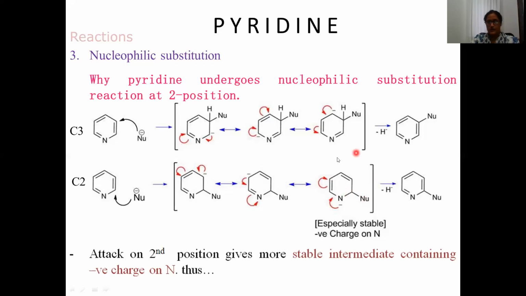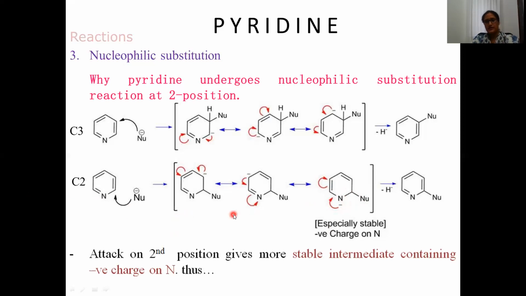So attack at the second position gives the more stable intermediate, containing the negative charge on the nitrogen. That's why nucleophilic substitution is favored at the C2 position.